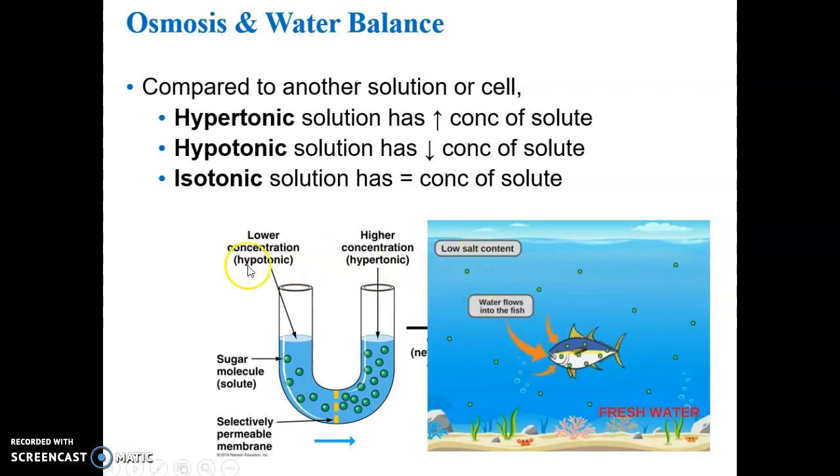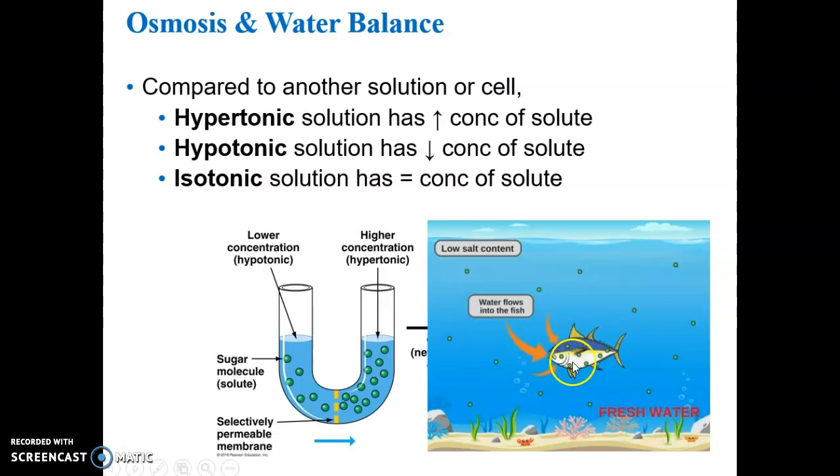Hypotonic external environment. Remember, hypo means less than. Lower solute concentrations externally. That means water is going to be driven into the cells and tissues of the fish via osmosis. So freshwater animals, fish, even amoeba, protists, have to have ways of dealing with that.